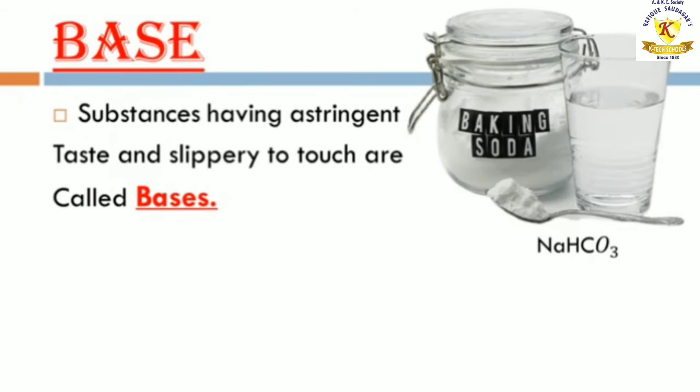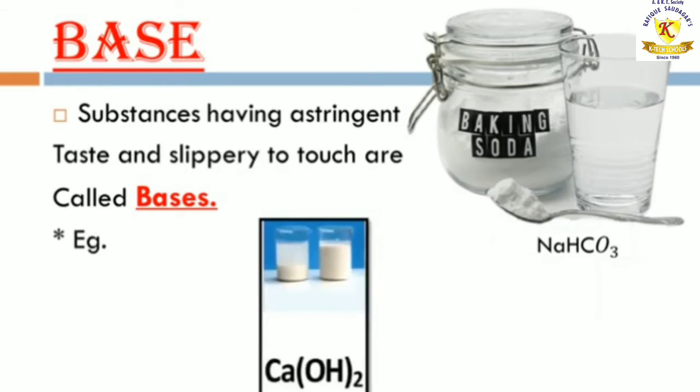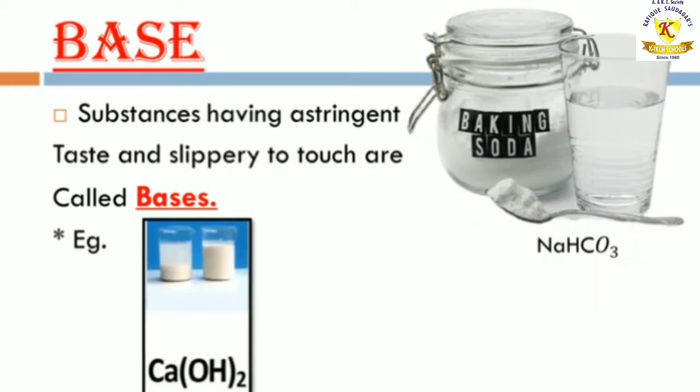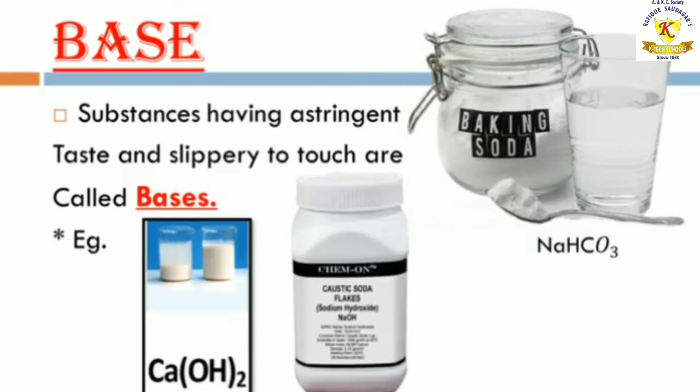So, substances having astringent or bitter taste and which are slippery to touch are called bases. Let's see some examples. Lime water, that is CaOH2, baking soda, that is NaHCO3, caustic soda, that is NaOH, and soap.